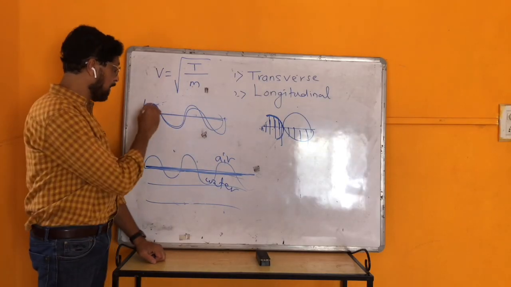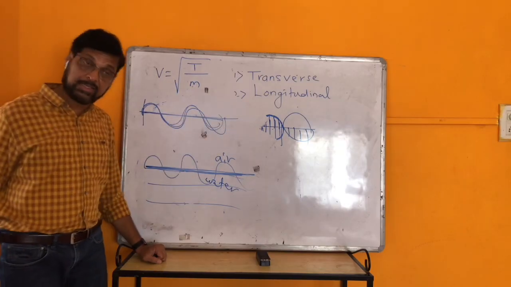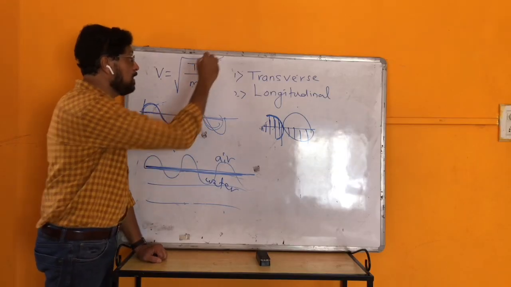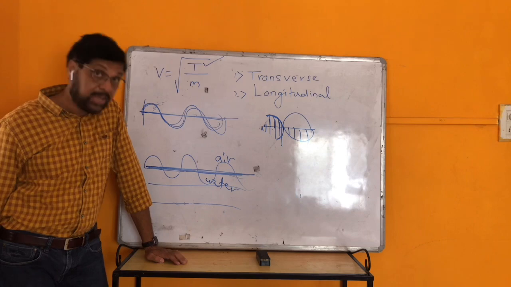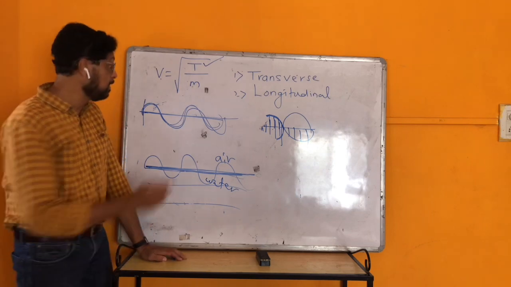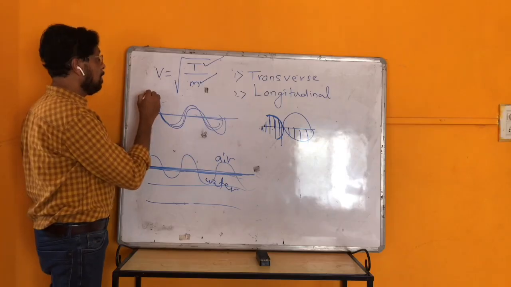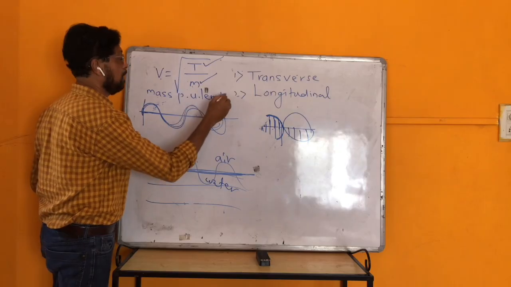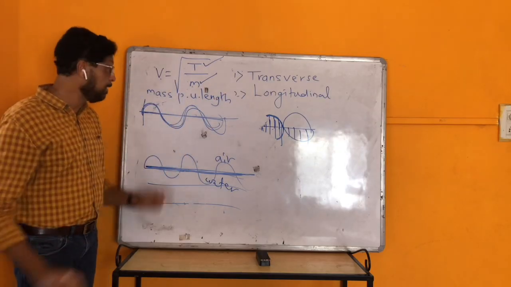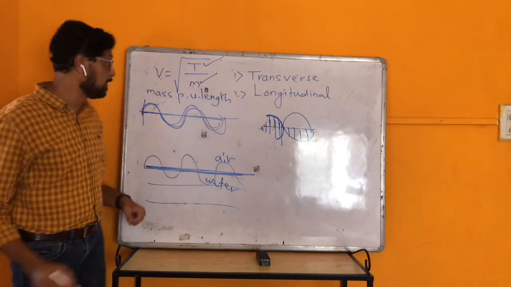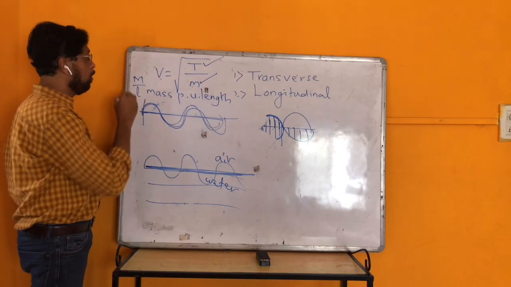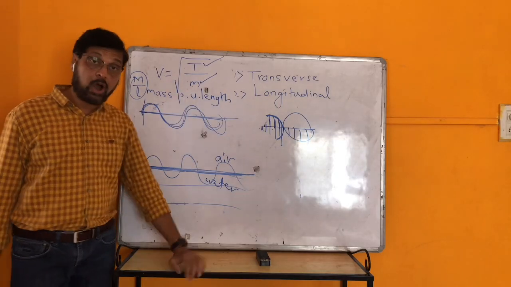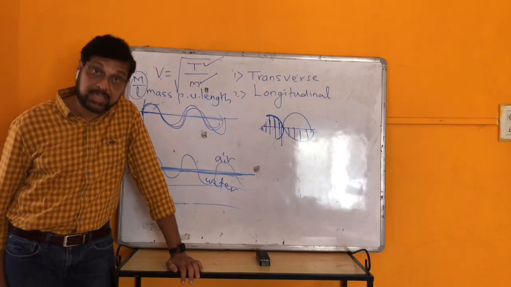The velocity of transverse wave on a string is given by v is equal to under root T by m, whereas T is tension in the string, and m is mass per unit length. m mass नाही, m काय आहे, mass per unit length of the string, म्हणजेच m by l of the string, mass per unit length of the string, which is also called linear density.